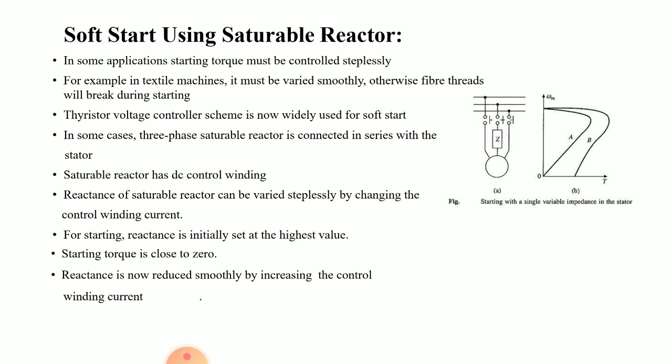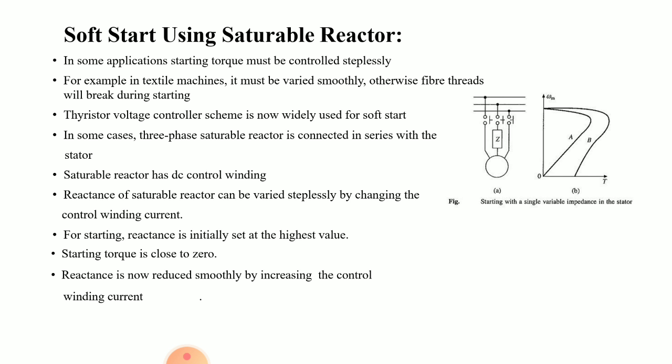The saturable reactor has a DC control winding. The reactance of the saturable reactor can be varied steplessly by changing the control winding current. For starting, reactance is initially set to the highest or maximum value, so starting torque is close to 0.